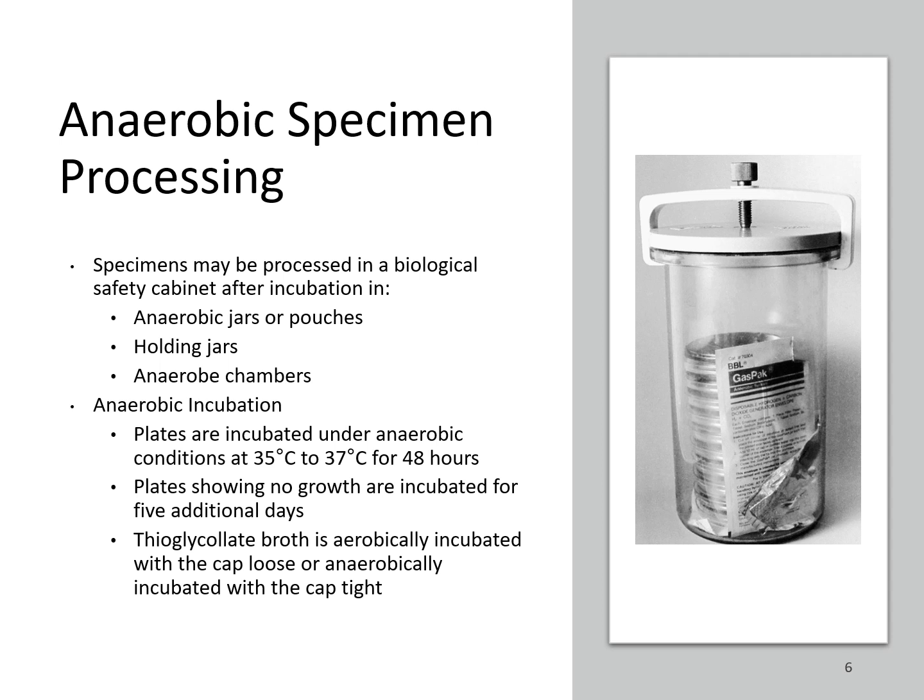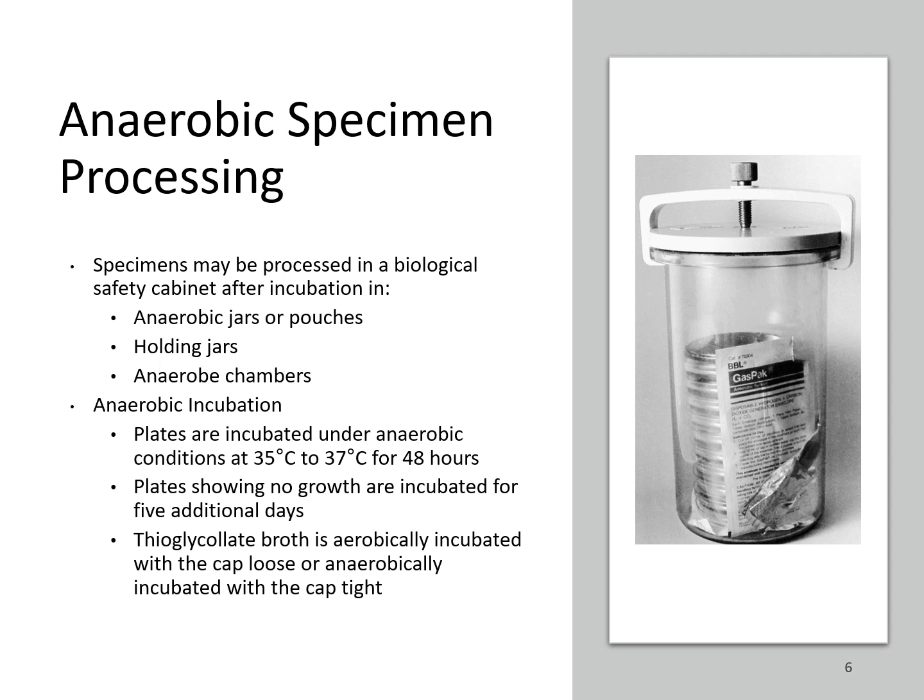After that time, they're taken out and they're examined for growth. If there's growth, it's worked up. If there's no growth, then it may be incubated for a little bit longer to try to detect those slow growers. And then those cultures will also be inoculated into a thioglycolate broth.